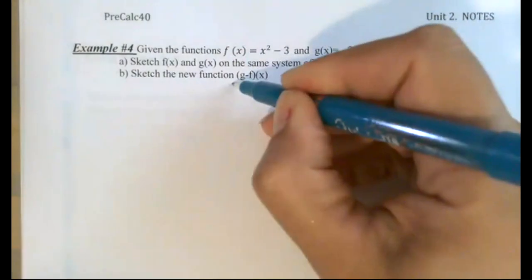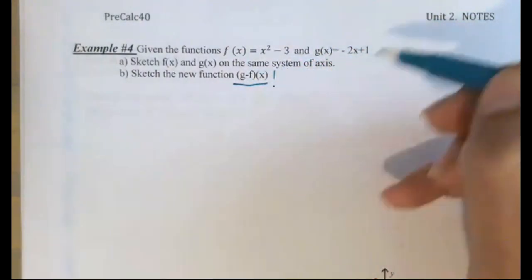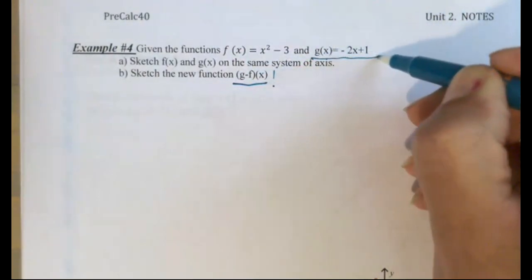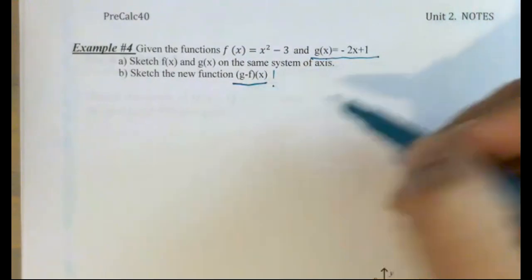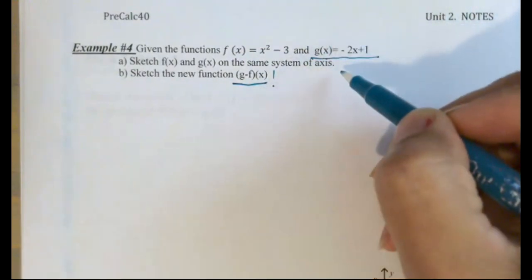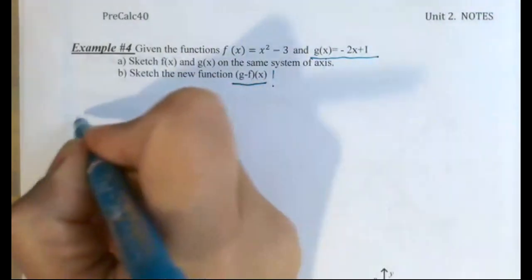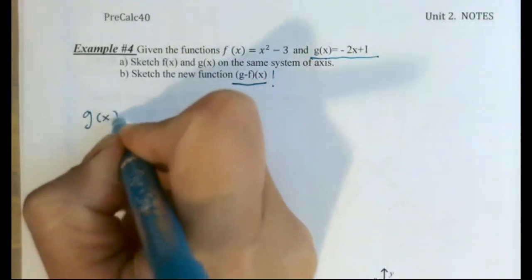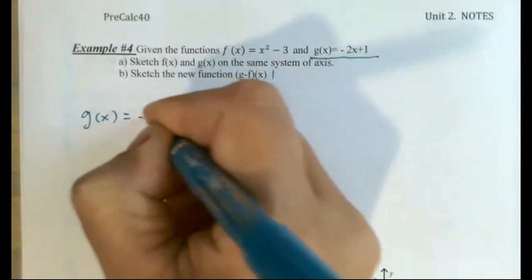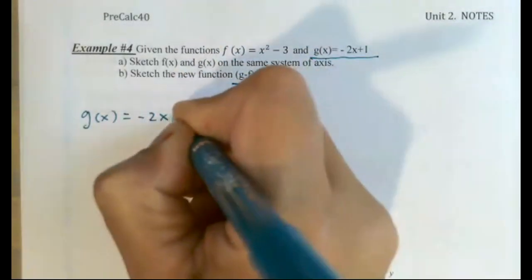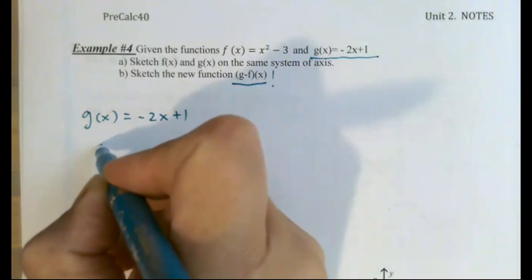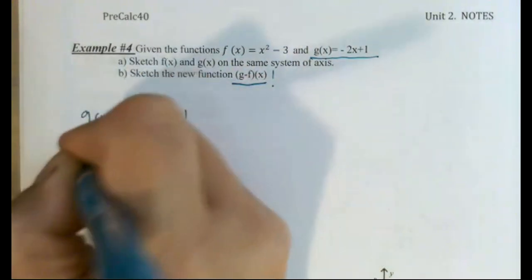Now, attention at the order, okay? For that reason, I will first sketch g of x, so we have it in the right order. Now, g of x is a linear function. What's the easiest way to graph a linear function?